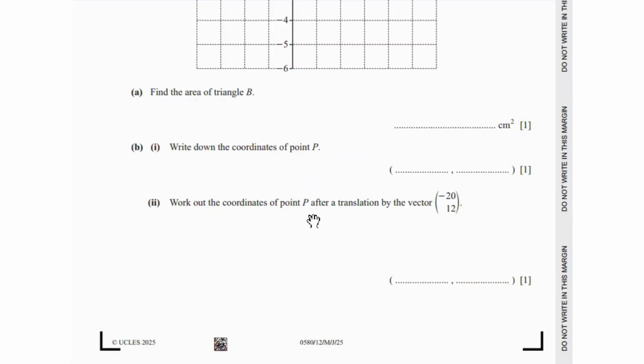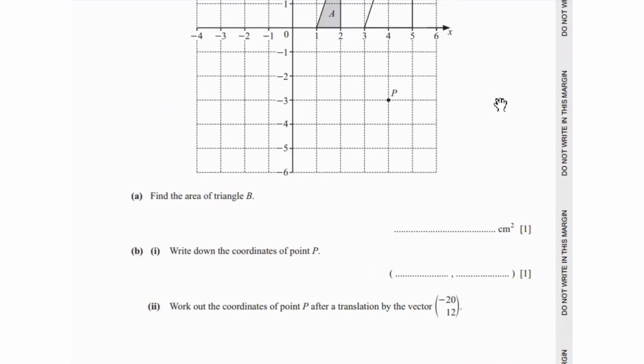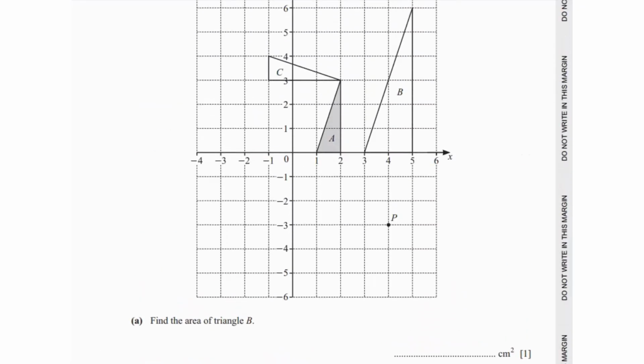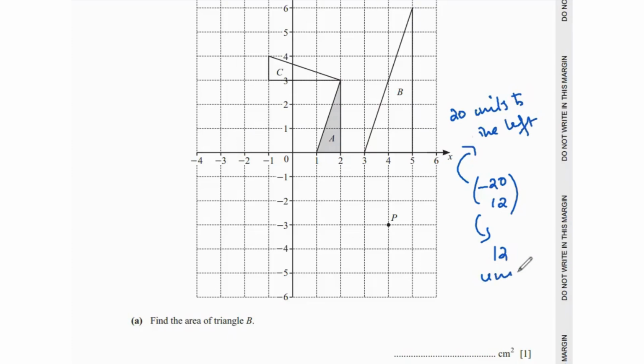Work out the coordinates of point P after translation by the vector negative 20, 12. So the translation vector is negative 20 and 12. This means that we're moving 20 units to the left and 12 units up. So the x value is going to move 20 units to the left and the y value will move 12 units up.